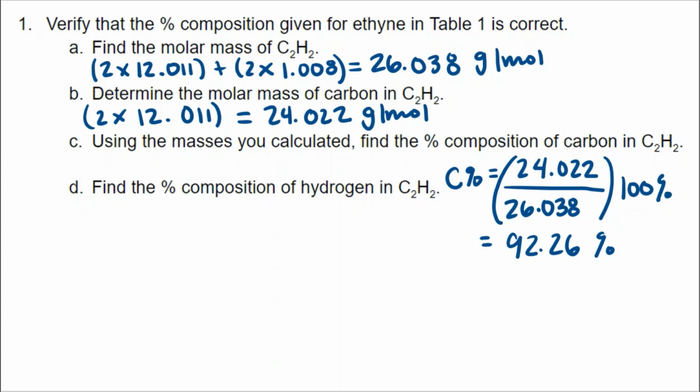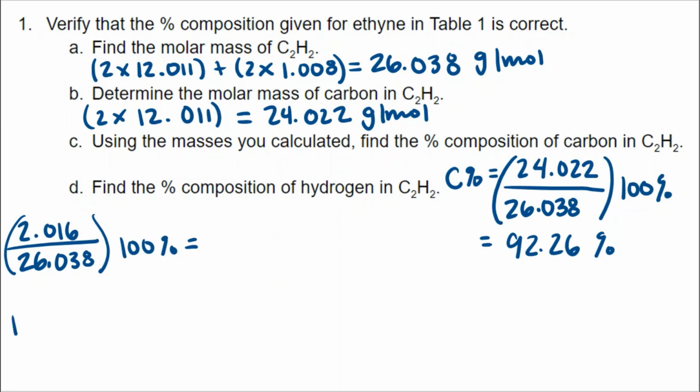So now we want to find the percent composition of hydrogen. So there's two ways we could do this. We could take the mass of hydrogen and divide that by the mass of the entire compound. Or we could simply subtract from 100. So we know that this compound is just carbon and hydrogen.